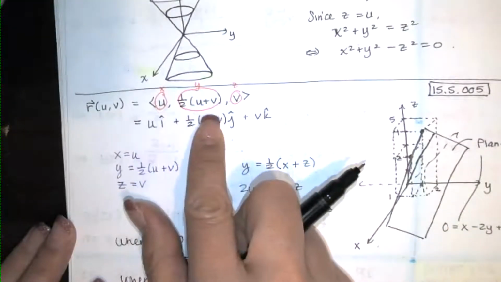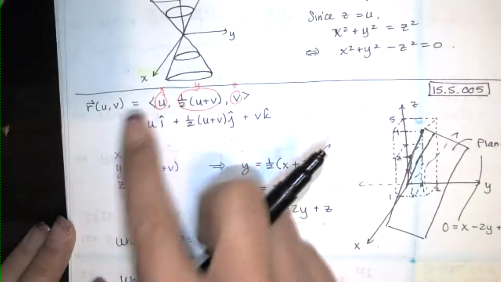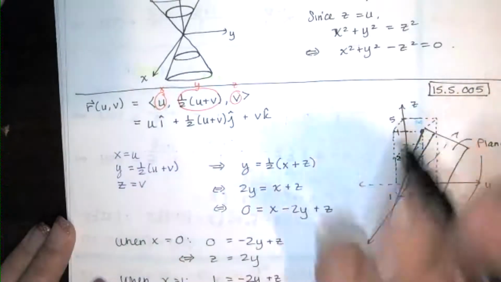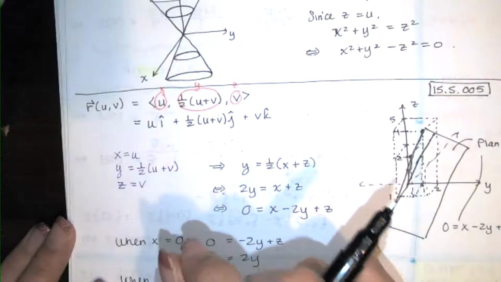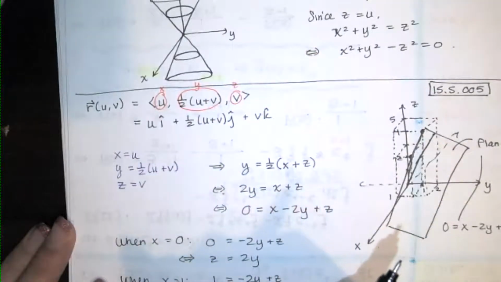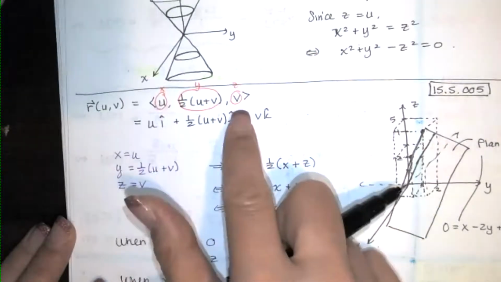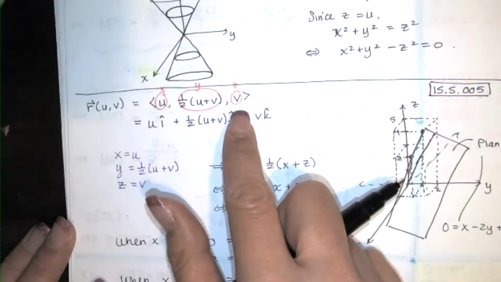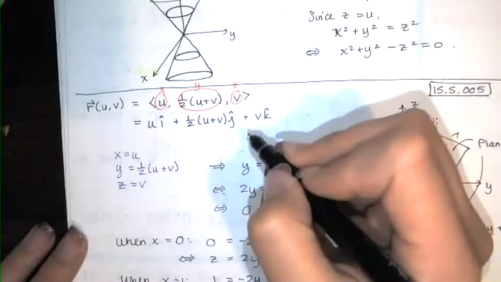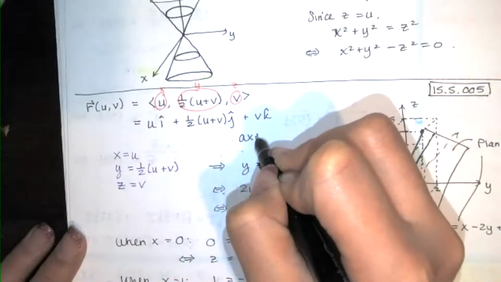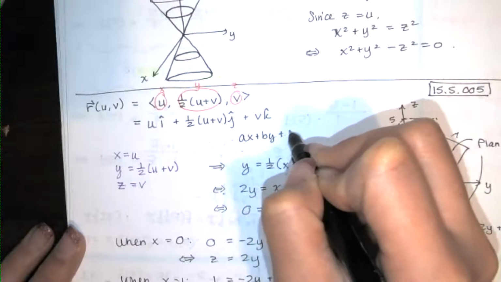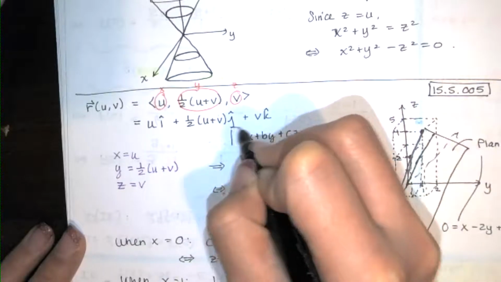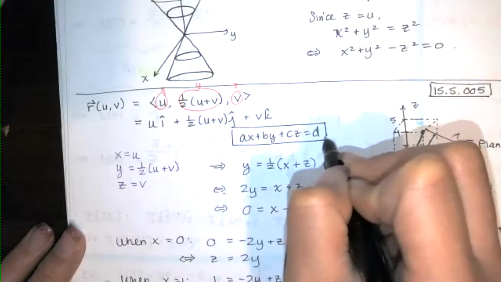And then over here, notice that our u and v were just multiplied by 1/2 or 1. The coefficients were just constant coefficients, not integer coefficients, but just constant coefficients, and happen to have a rational coefficient there. But when I see something like this, I'm thinking plane, because we know planes have an equation of this form: ax plus by plus cz equals d, where a, b, c, and d are all constants.